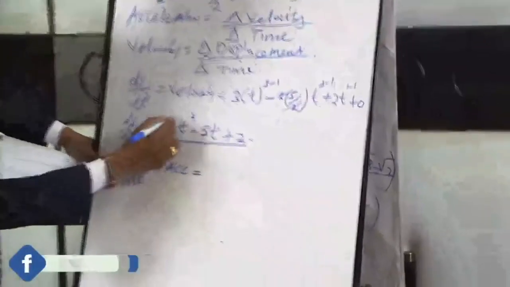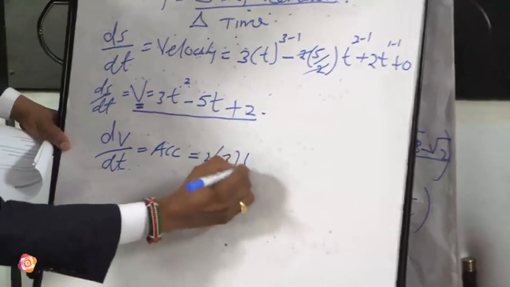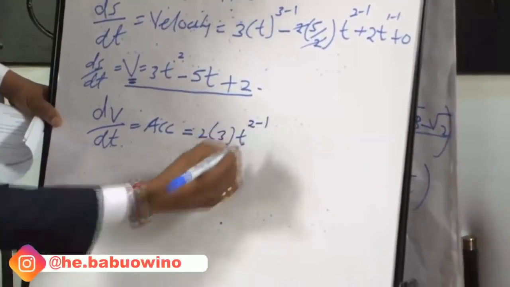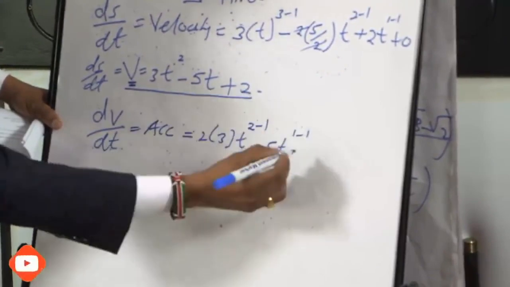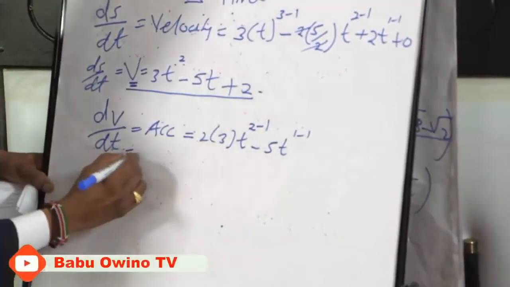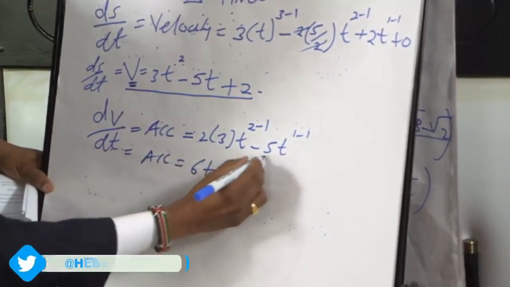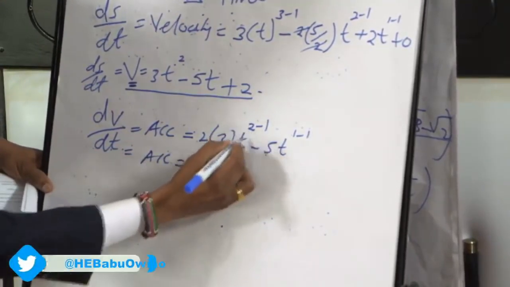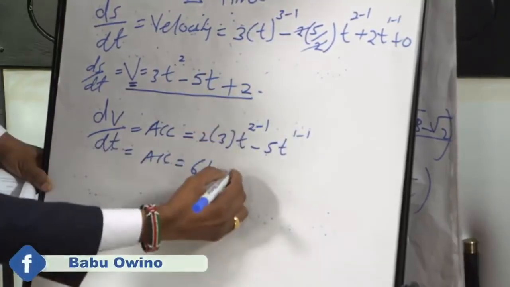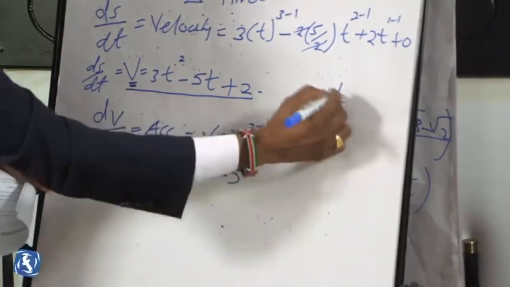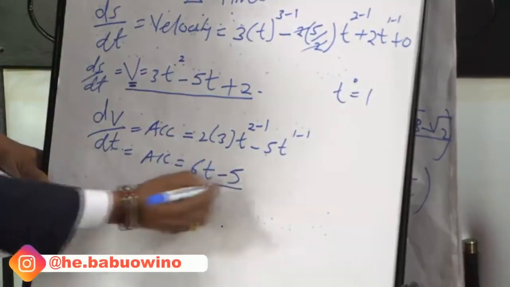You bring 2 down, multiply by 3, t to the power 2 minus 1, minus 5 into t to the power 1 minus 1. So our acceleration equals 6t minus 5, because t raised to power 0 is 1. So this is our acceleration.